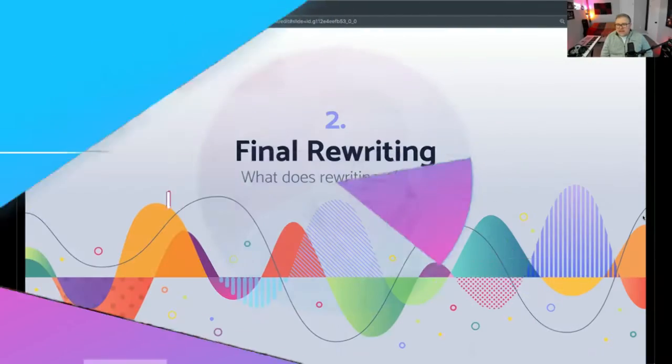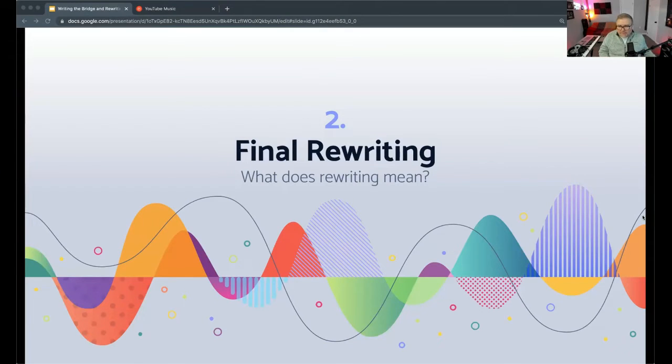And then the contrast is really to keep your listener interested, so they're not hearing the same thing over and over again and tuning out. You want to give them tension and release. So this is once you have a draft, or maybe part of a song written, and you start to go back and want to do rewriting. Rewriting is really just another word for editing.